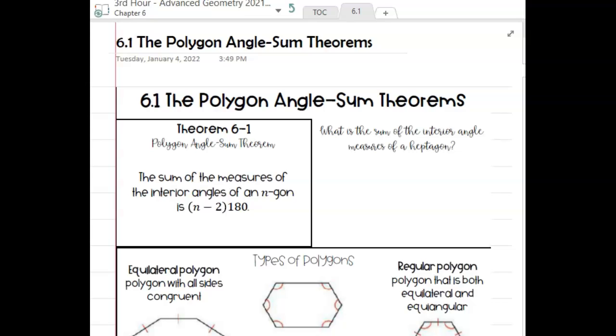So chapter 6 is all about polygons and properties and different types of polygons. A polygon is a shape with sides, basically. The part poly means many, and then the gon is the figure part. Now there are specific types of polygons. We already know that there are triangles, which have 3 sides.